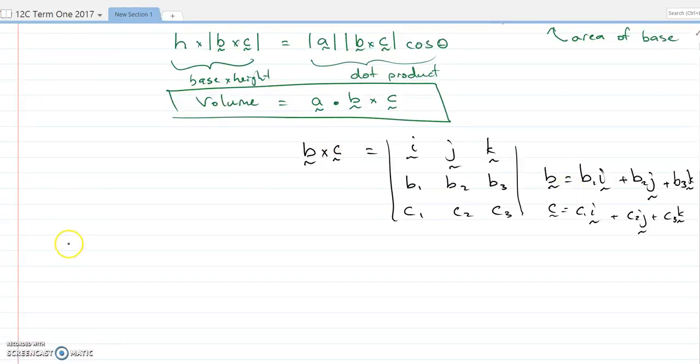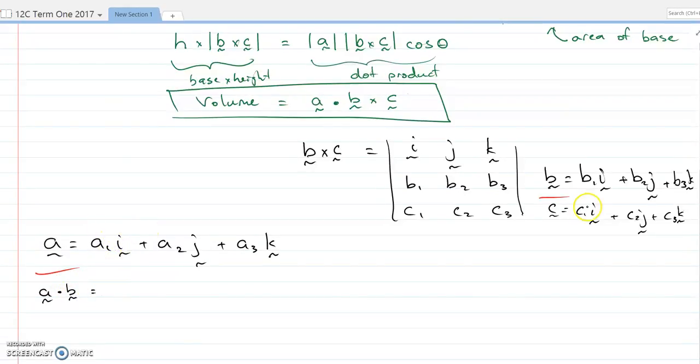Okay, and then if you remember, if I'm doing a dot product, let's just stick to these general things at the moment. If I wanted to do the dot product of this A here with B, I just multiply the numbers in front of the i's together. So that would be A1 B1.